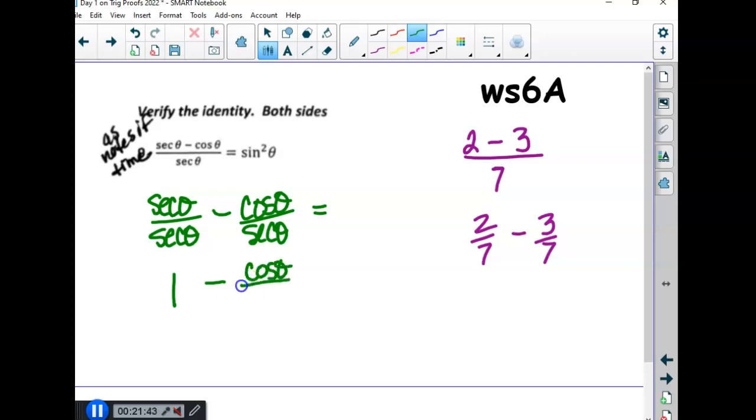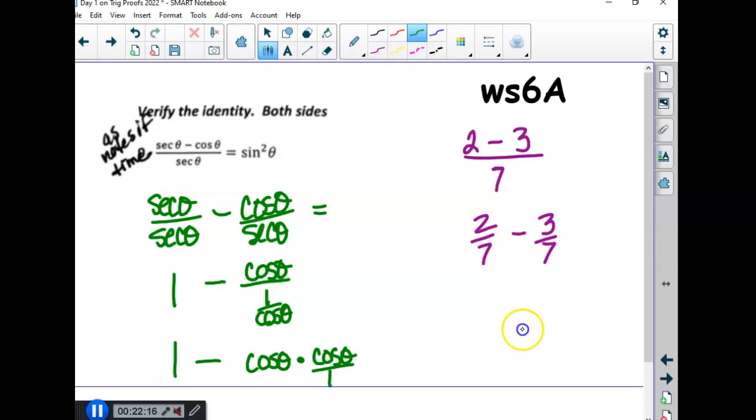The cosine is being divided by a what? And dividing means, how do you get rid of divide? Multiply by the reciprocal.